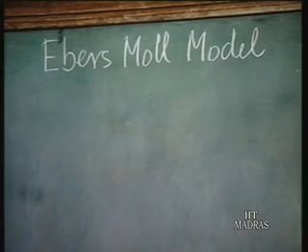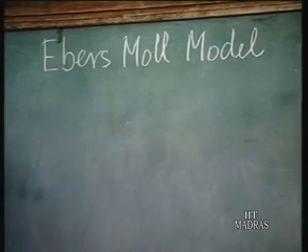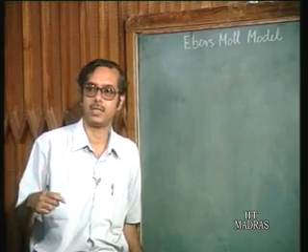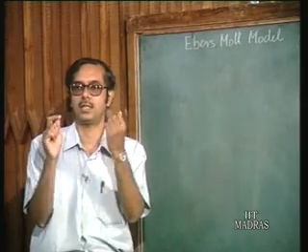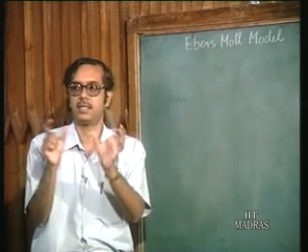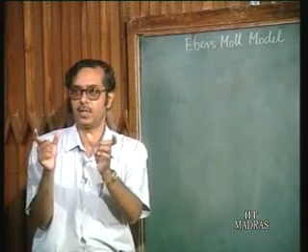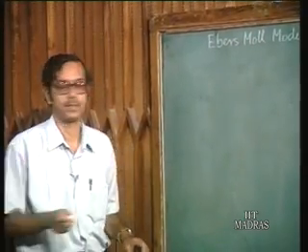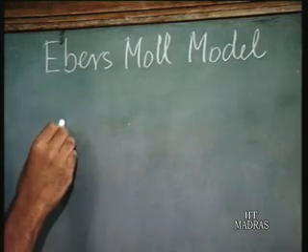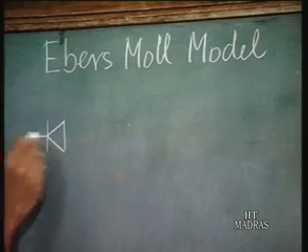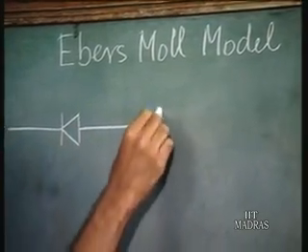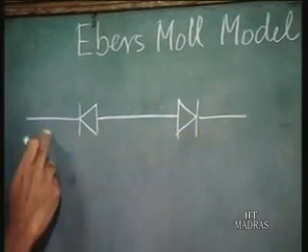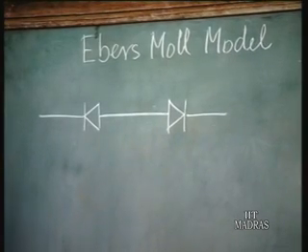So, the Ebers-Moll model of the bipolar junction transistor considers the bipolar junction transistor, which you know is a 3-terminal device consisting of 2 p-n junctions, as 2 diodes connected back to back. If you have an n-p-n transistor, you have one p-n junction and the other p-n junction like this.